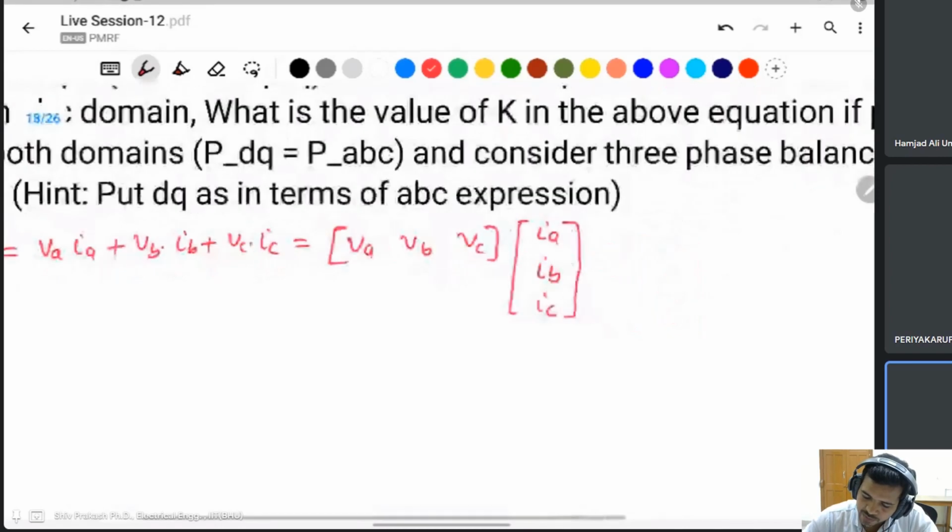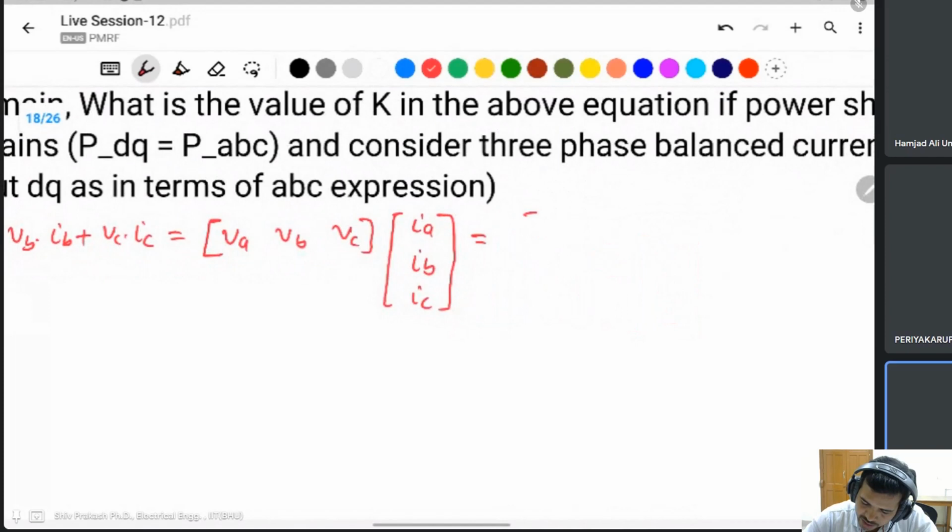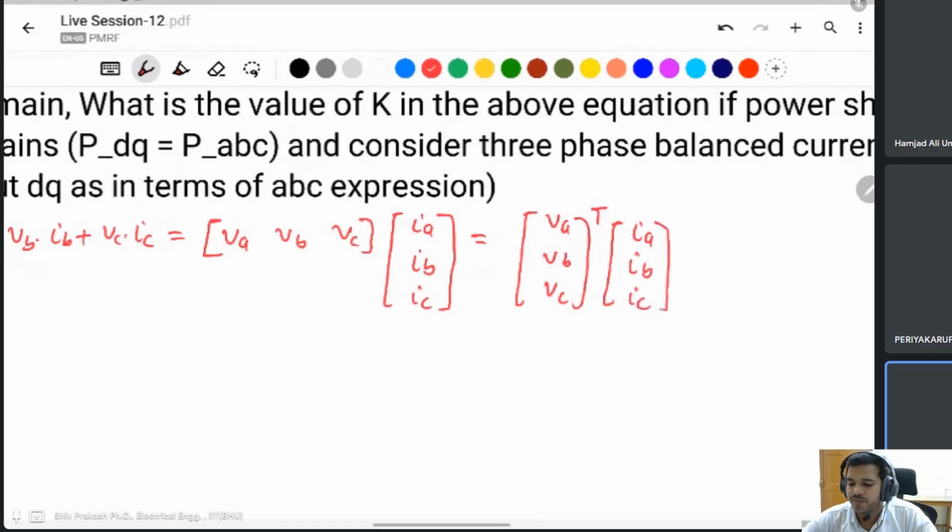This is the same. You can also write it as Va, Vb and Vc transpose into Ia, Ib, Ic. You can write this one like that.